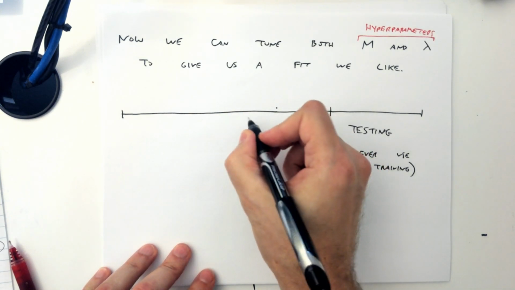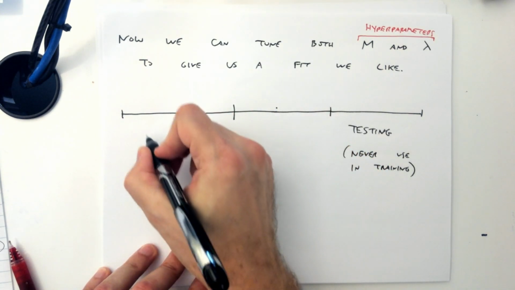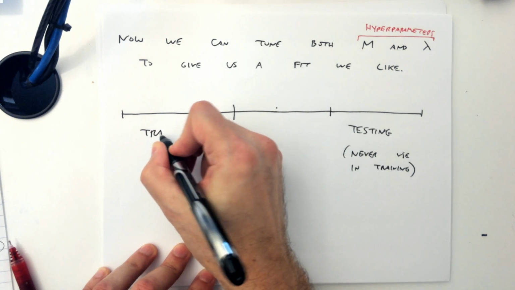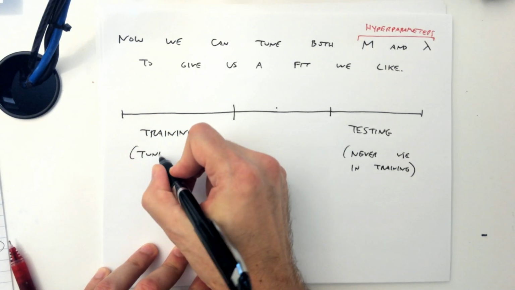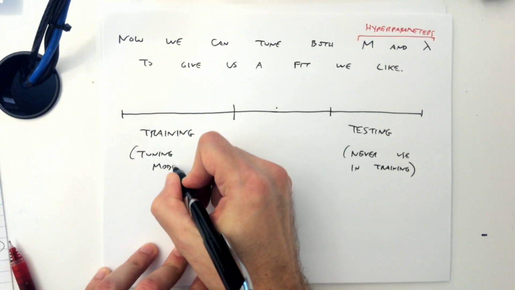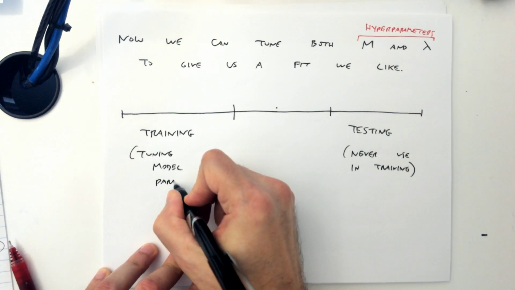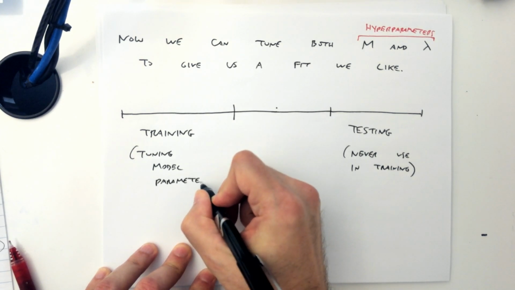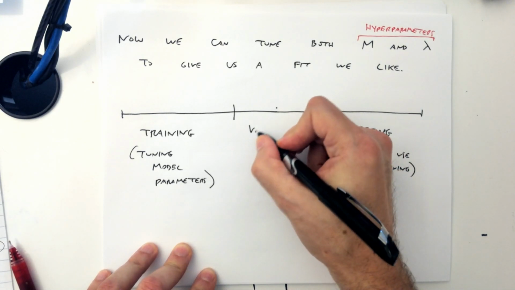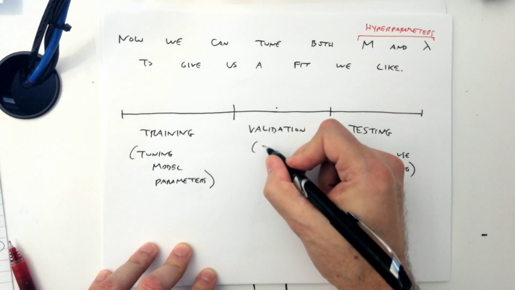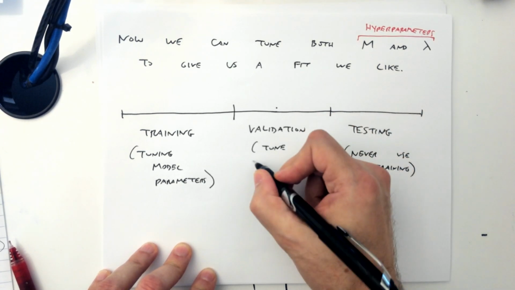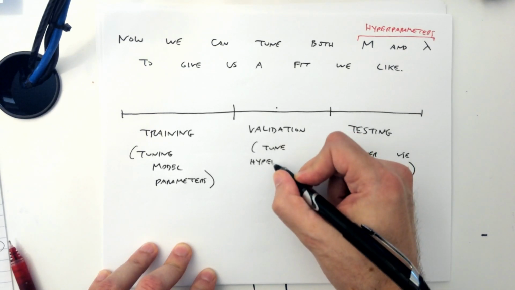Then I have my testing data, and what I may do is draw a line here and say, this is for training, for tuning the model parameters, right? Like the weights. This is what's called validation, to tune what's called the hyperparameters.